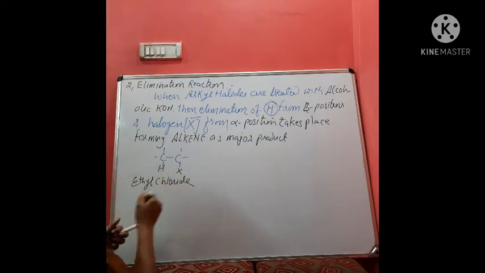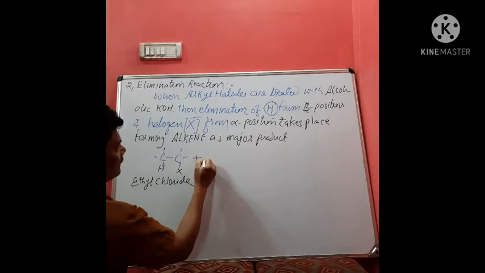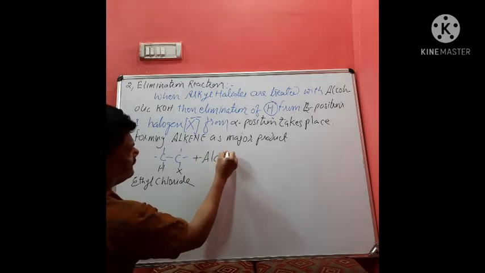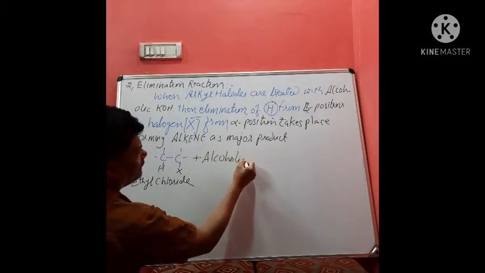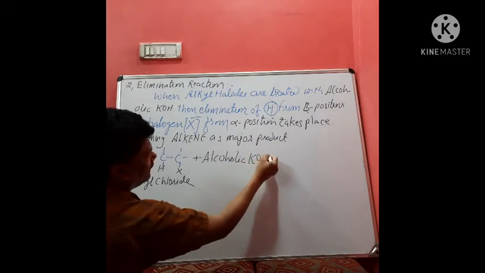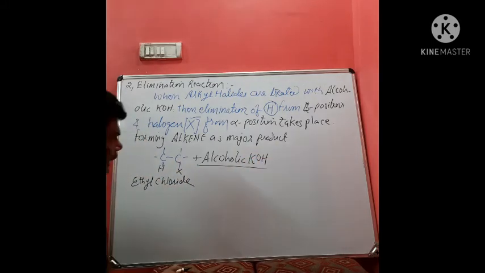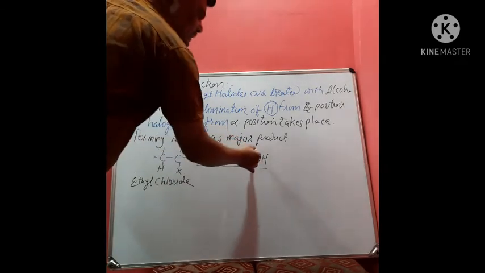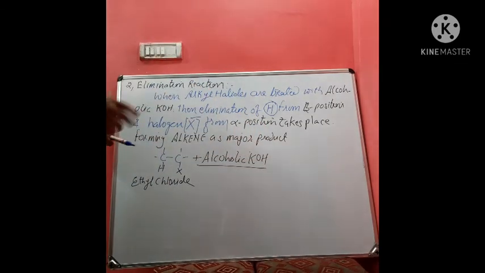Isn't it? Plus, remember, alcoholic KOH must be there. Now, what is alcoholic KOH? KOH, that is potassium hydroxide, is a solid compound.